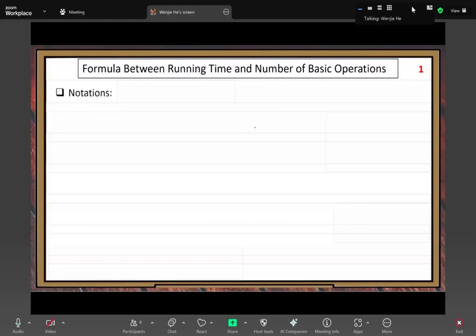Formulas between running time and the number of basic operations. Here we need to measure algorithm efficiency. How to measure it? One straightforward way is running time. When you run your algorithm, write a program, run it, then you clock the response time.